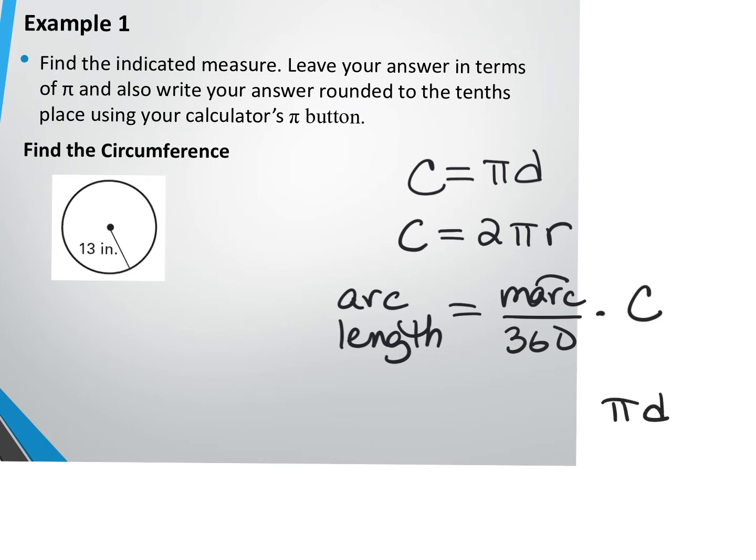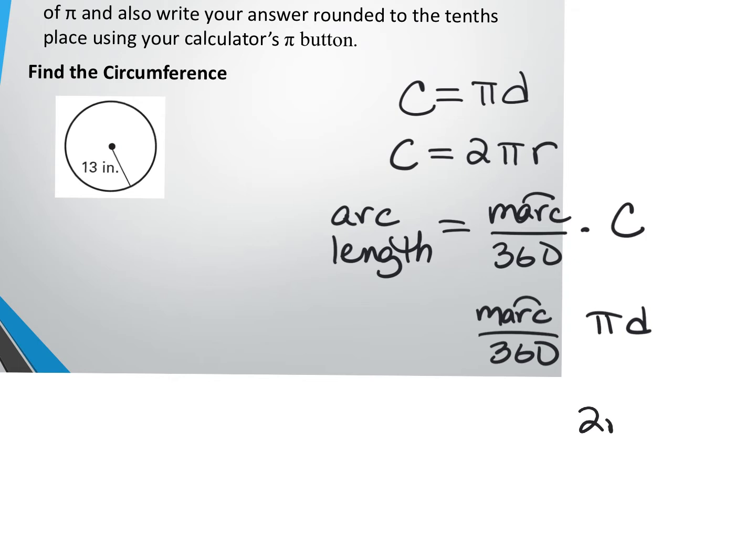So instead of a capital C there, it's going to be pi d if they give you a diameter. Or if they give you a radius, then it'll be 2 times pi times the radius that'll go there.